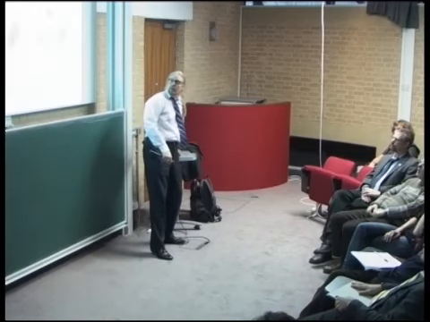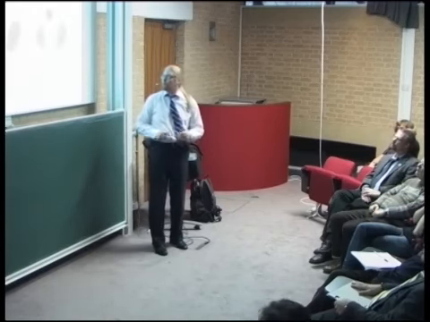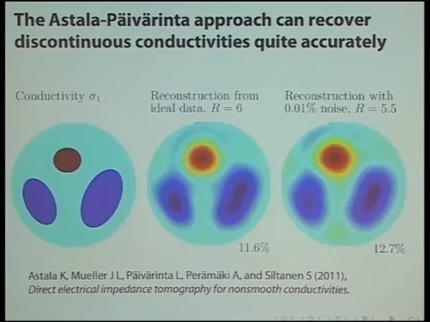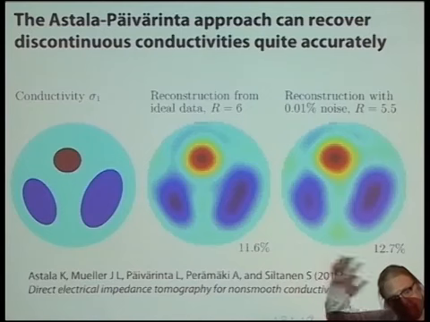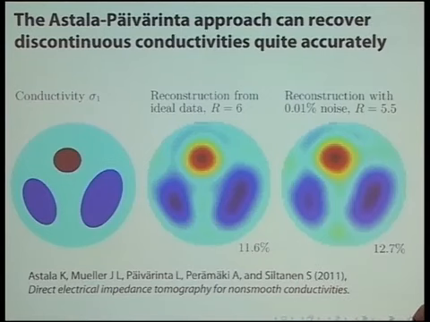Let me show you. These are pictures we get from implementing the Astala-Päivärinta approach. And when we use exactly the same data and put it through the Nachman method, we get extremely closely the same pictures. This is currently slightly puzzling because there seem to be theoretical reasons that they really cannot be the same thing.